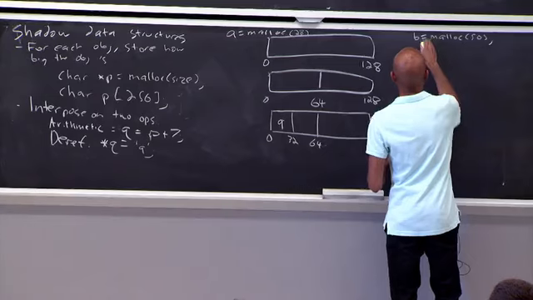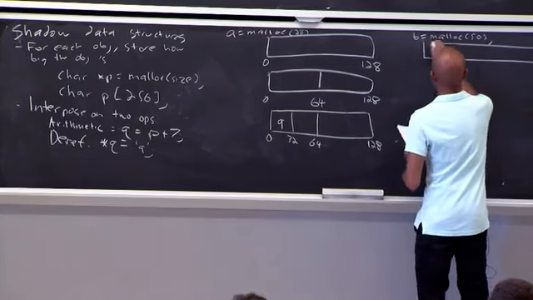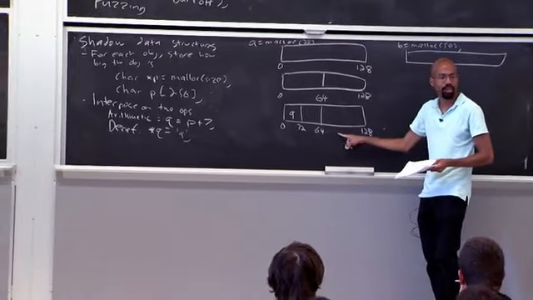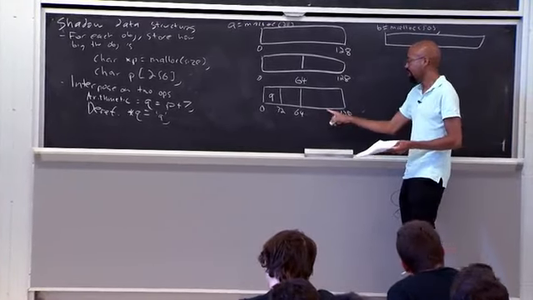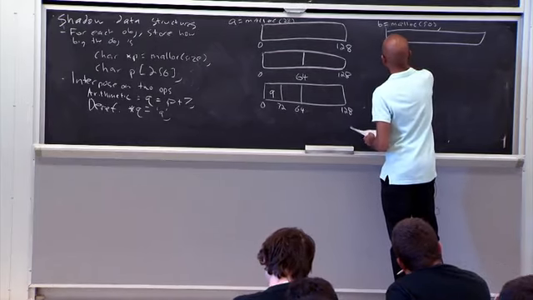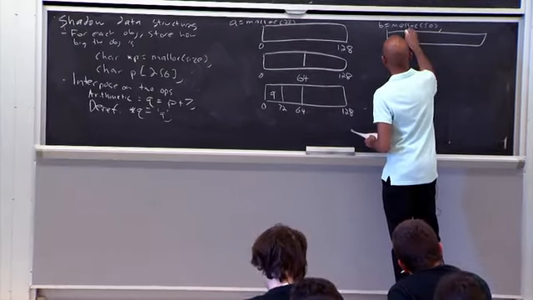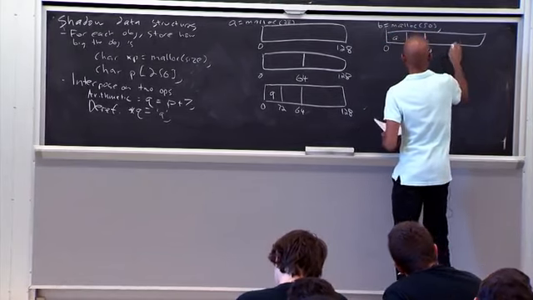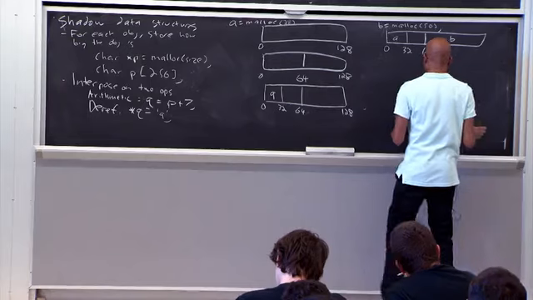Right? So what's going to happen is that the buddy allocator will say, OK, I actually have a block here that's big enough. Right? 50 is greater than half the size of this thing, so I'll just allocate that right there. So we have the setup where A is here. And then we have B here.